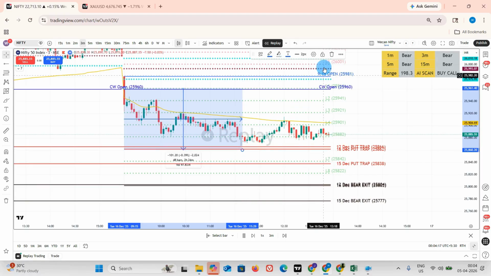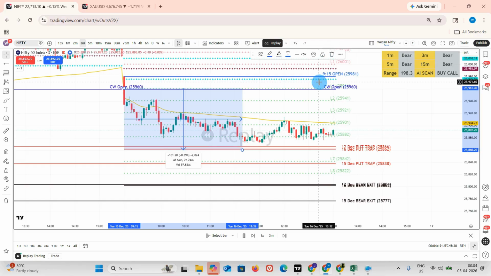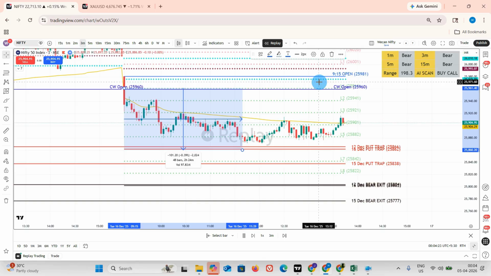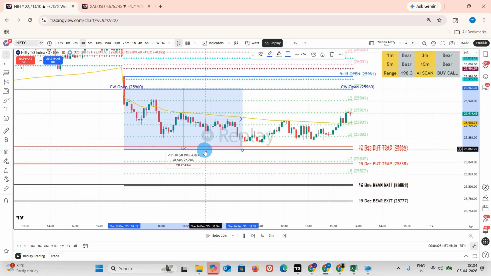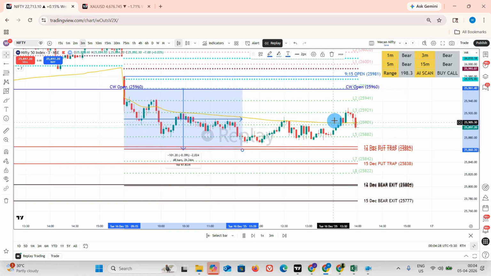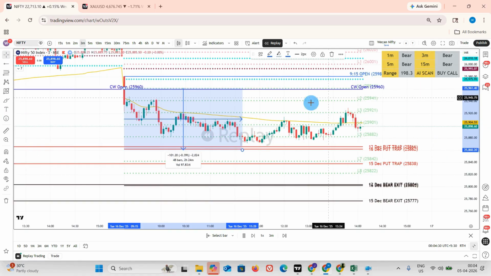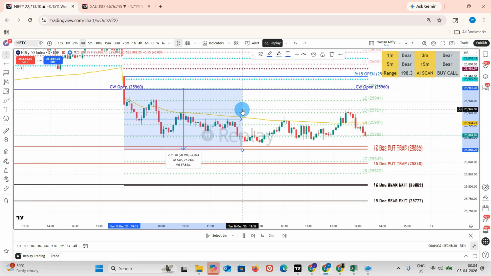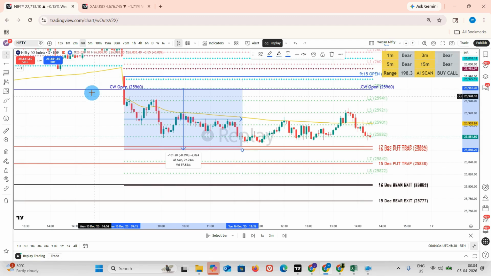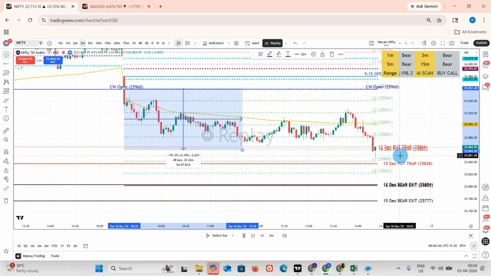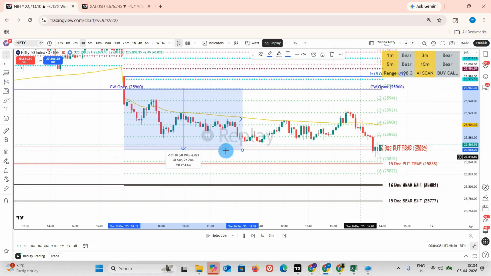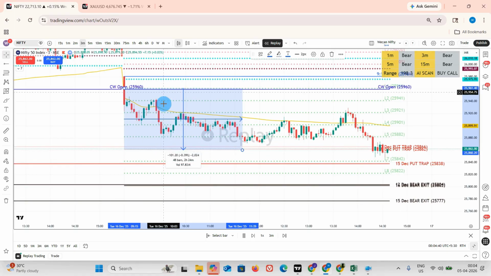So if you are using the correct delta strike price, if it is a 60 delta, you can have a 60% move. That is, when the market moves 100 points, you will have a 60-point move in the options if you select the correct strike price. So this indicator works on the option chart also, but our underlying will be the spot chart.